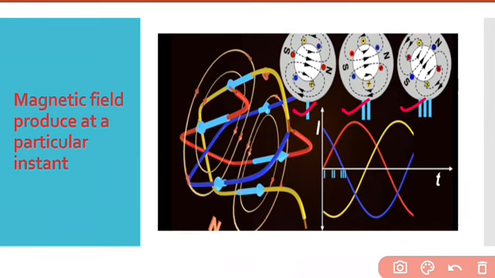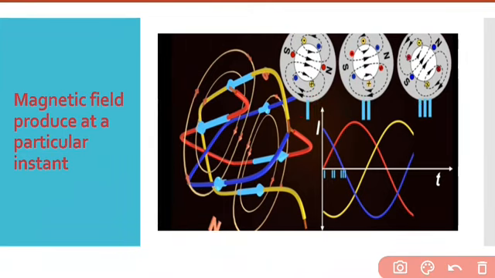The rotational speed of the magnetic field is known as the synchronous speed. Whatever the rotational speed you can see over here is known as the synchronous speed.